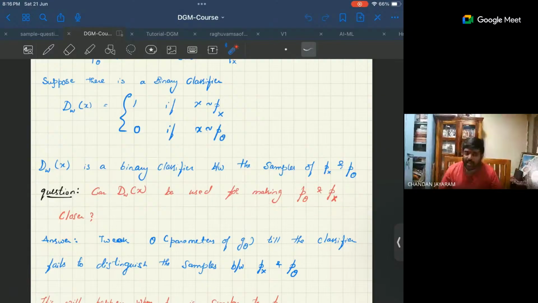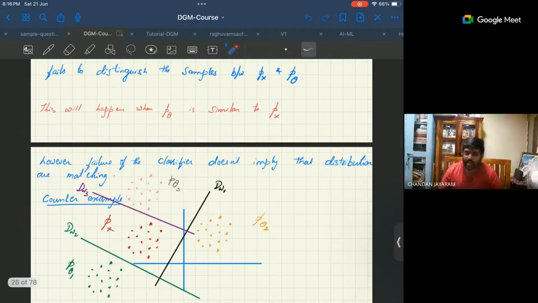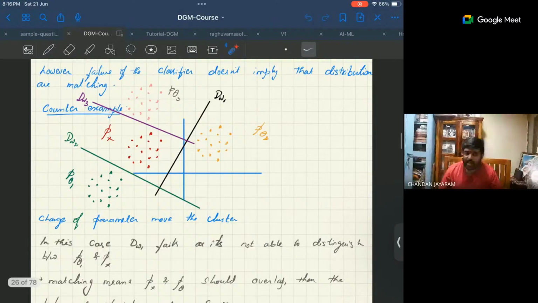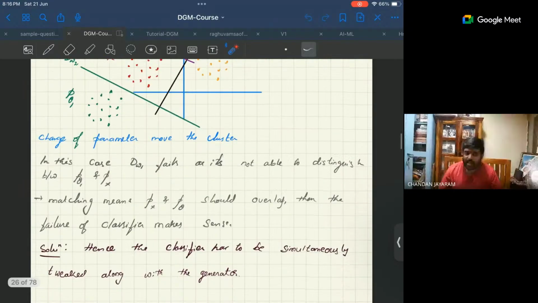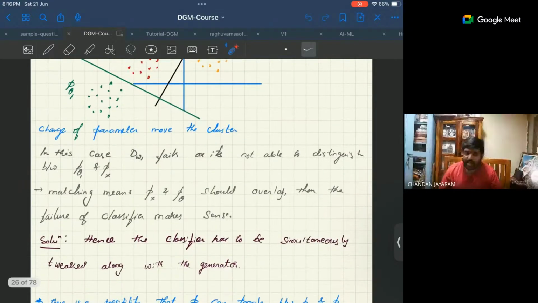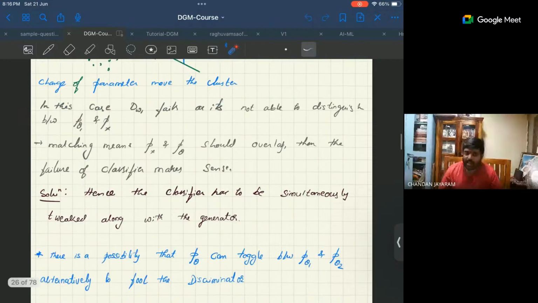That is the question. Yes, we have seen that. We have to tweak them taking that into consideration. Hence the classifier has to be simultaneously activated with the generator. That is what we are trying to achieve.